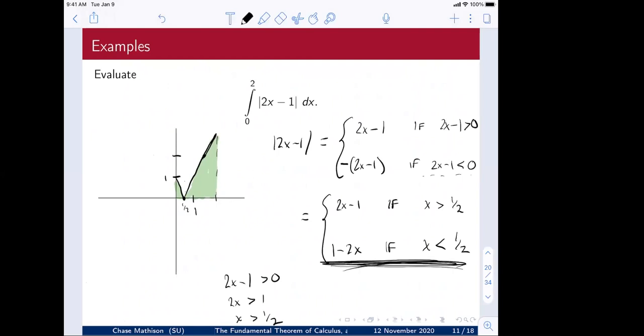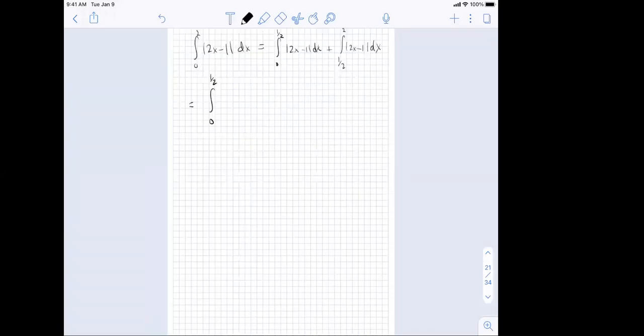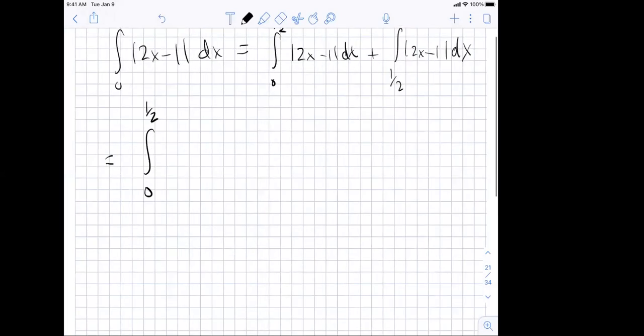So between x equals 0 and 1/2, the absolute value of 2x minus 1 is 1 minus 2x. Okay, so I can replace the absolute value of 2x minus 1 on this interval with its definition. Does that make sense to everybody?